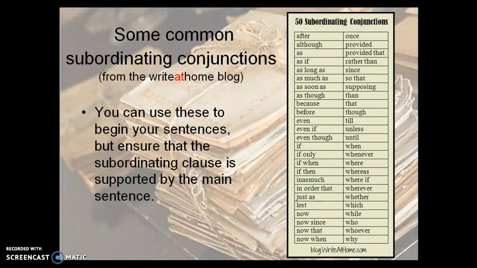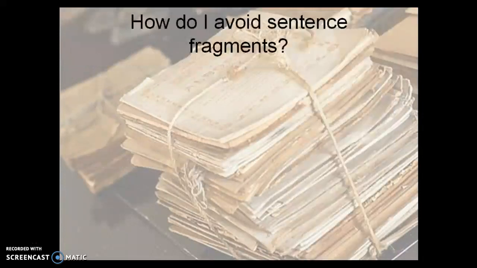You can look through these: after, although, as if, even if, only if, now that, which, who, unless, that, than, once. You can use these to begin sentences, but you need to make sure that the subordinating clause is supported by a main sentence.